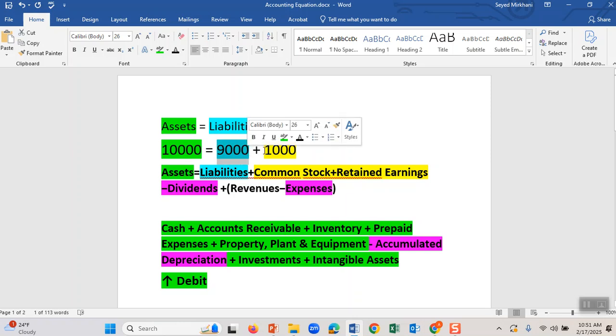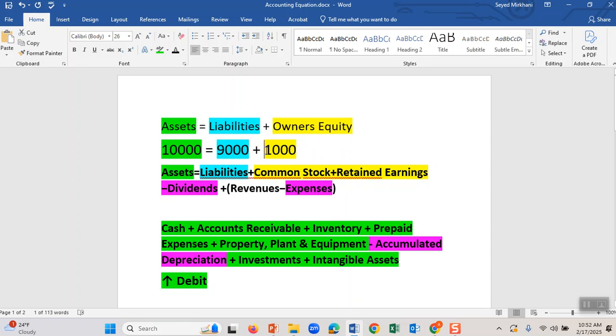However, when it becomes 8,000, this 1,000 becomes 2,000 because now she owns $2,000 worth of that cab. And then what she owes is $8,000; 2,000 and 8,000 makes 10,000. Again, it is equal.